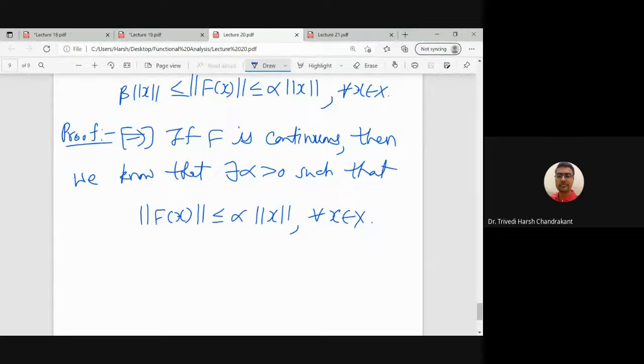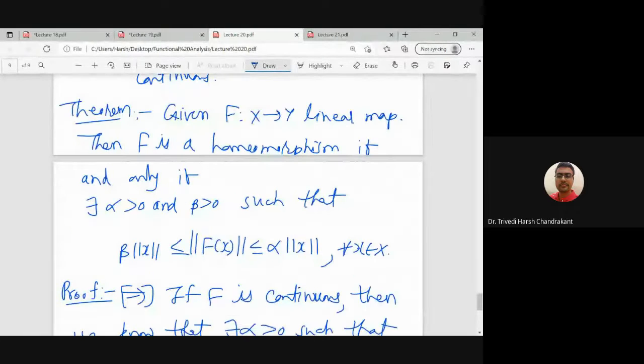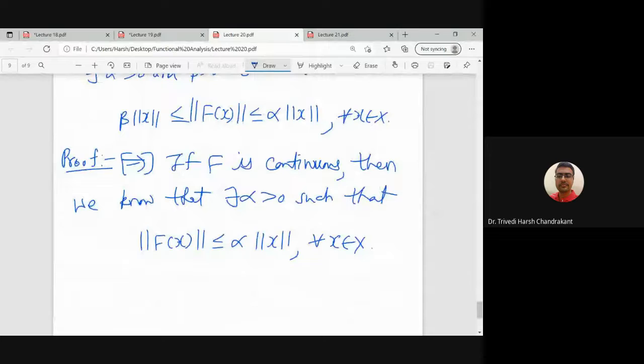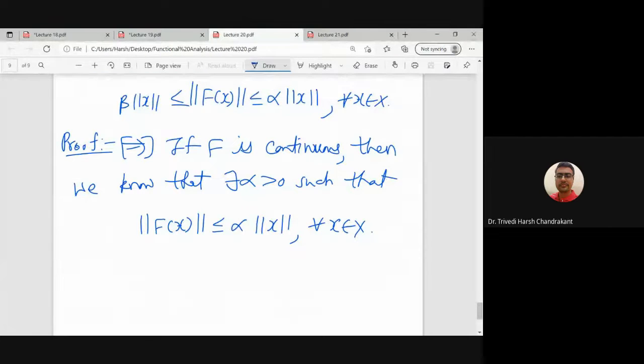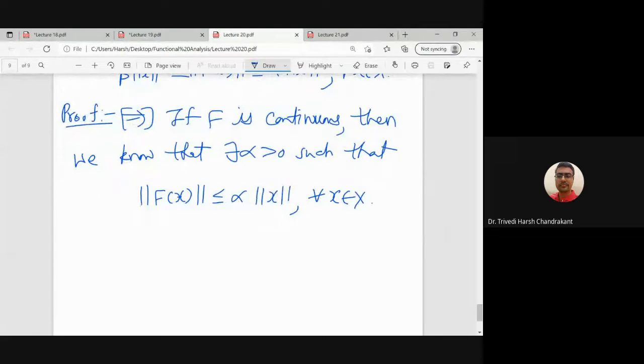We are using this theorem. Now, to find the other constant, beta, we use the hypothesis that f is a homeomorphism.